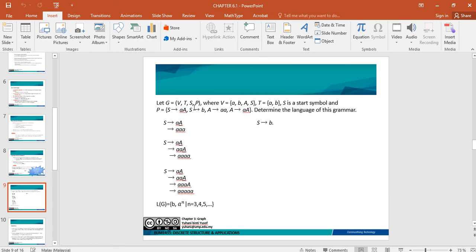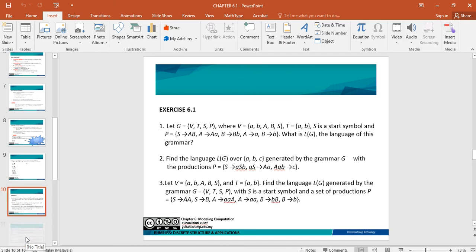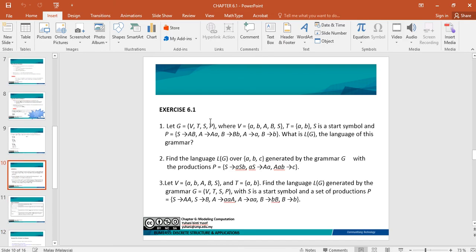To ensure your answer is good for the language generated by a grammar that is infinite, please ensure that you do it at least three times to see the pattern before you make a conclusion. As your exercise, please do all these three exercises, or you can choose one to upload in your Google form.